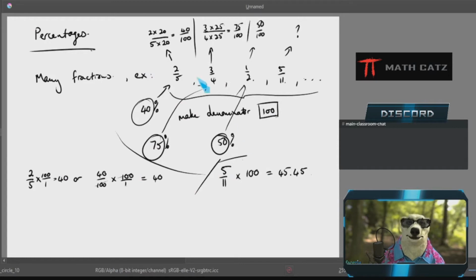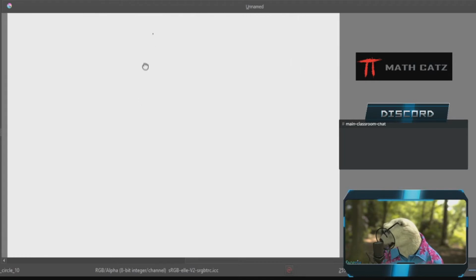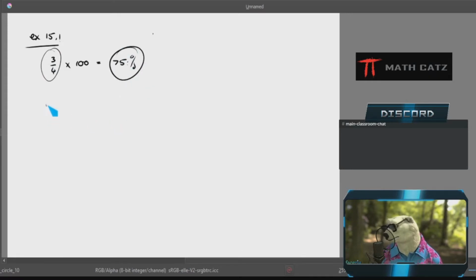Just to be official, exercise 15.1, just warm-up exercises. 3/4 times 100. I know that's 75. So 3/4, 75%, same thing.